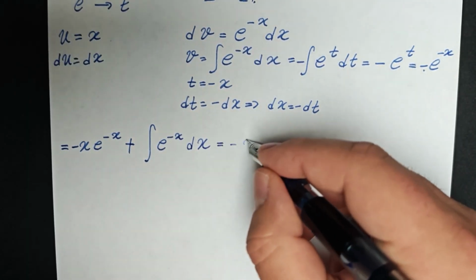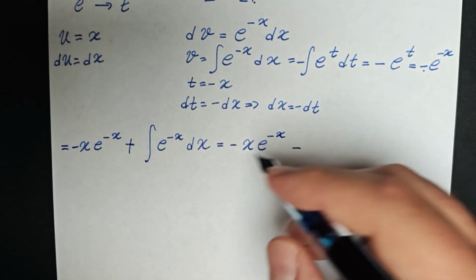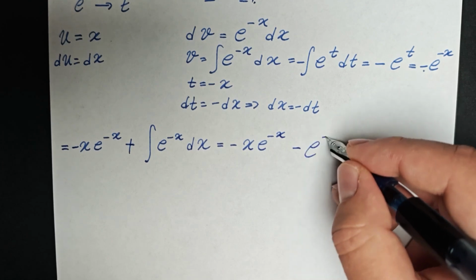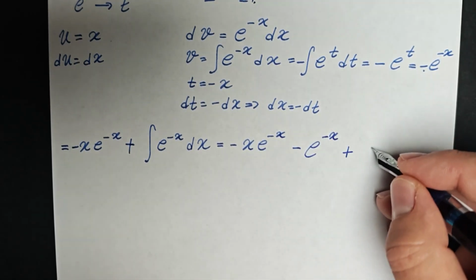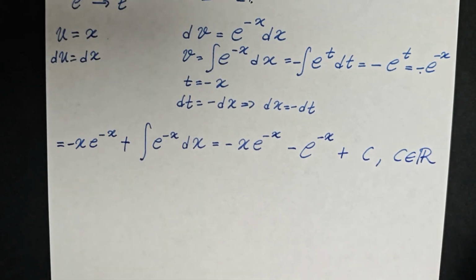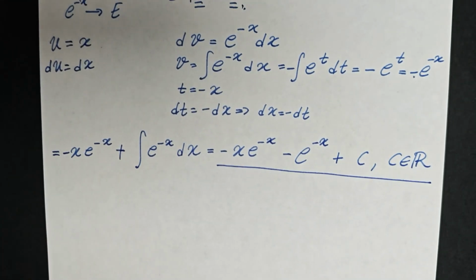This is equal to negative x e to the power of negative x, and we have already solved this integral here. It is negative e to the power negative x, plus c, which is a real constant. So finally, this is the solution of the integral which we had started from.